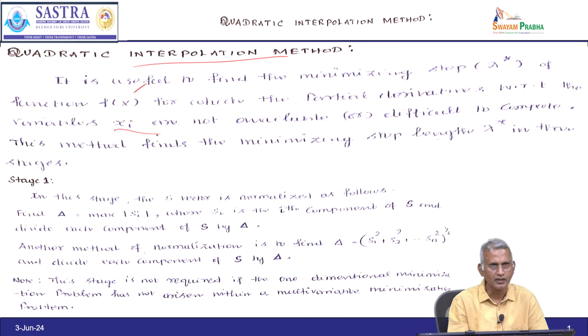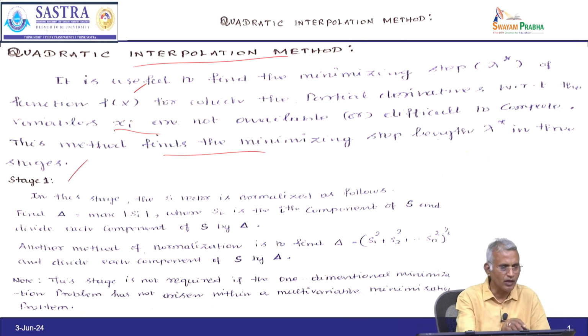So, this method finds the minimizing step length lambda star in stages. Stage 1: in this stage, the vector S is normalized as follows: find delta, which is equal to the maximum of modulus of Si, where Si is the ith component of S, and divide each component of S by delta.